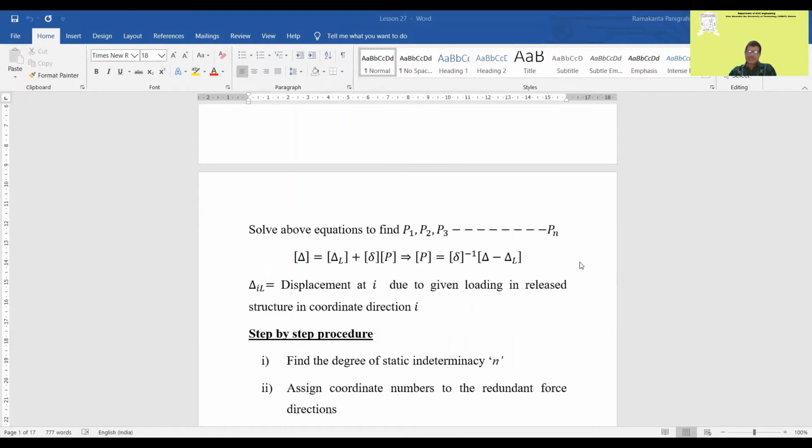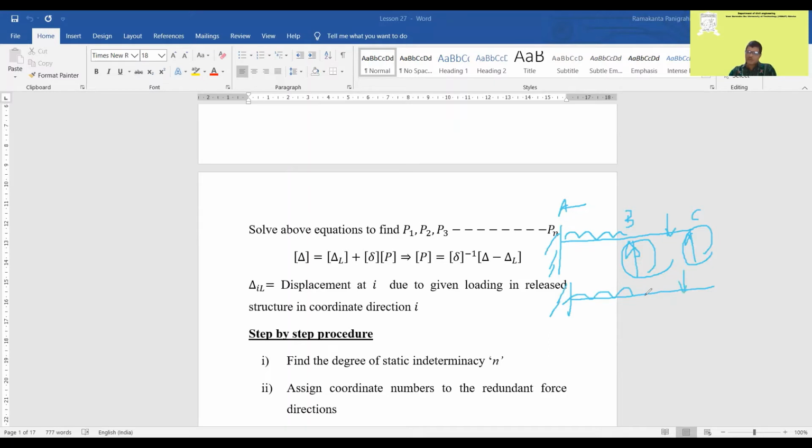So let me explain this again. We are taking this ABC as the beam. Here we are releasing this and releasing this, but we have some loads acting on this part. Now, if you come to the release structure, you apply the loads now.